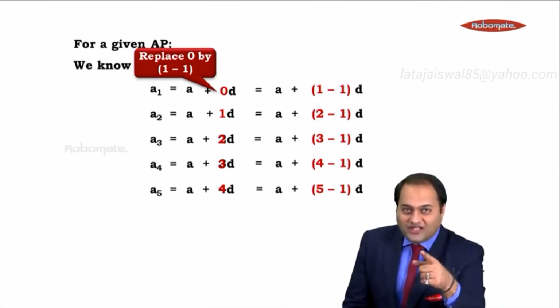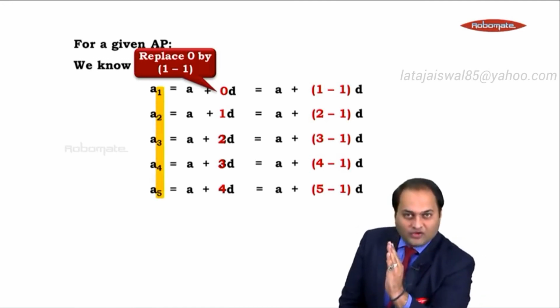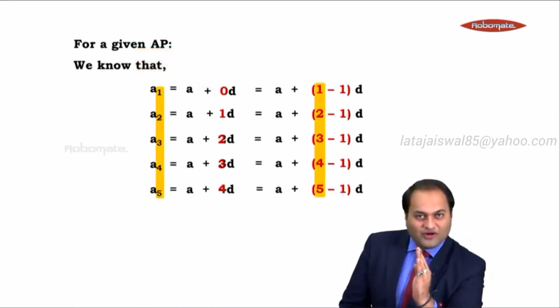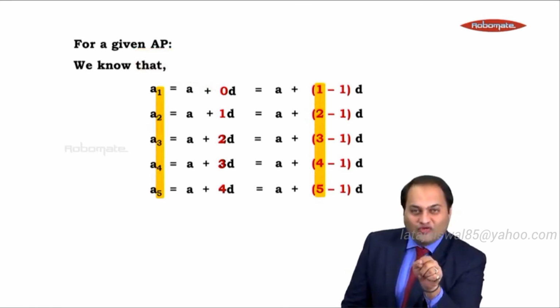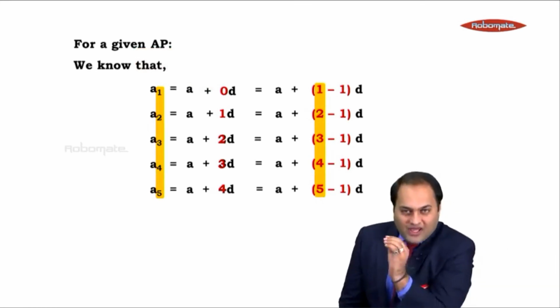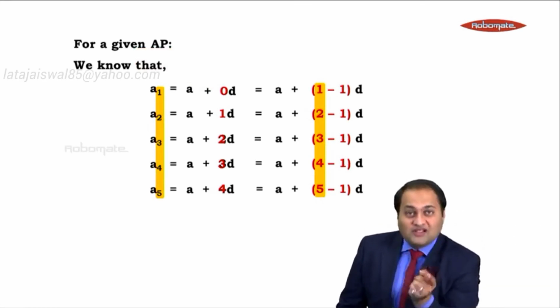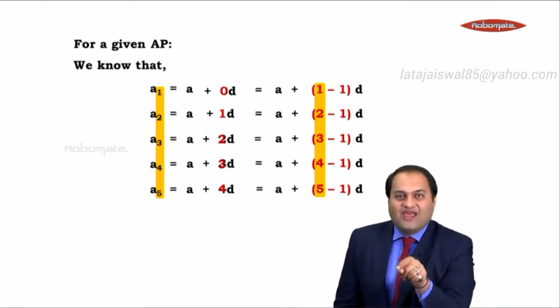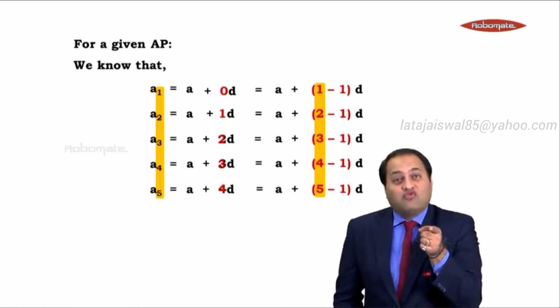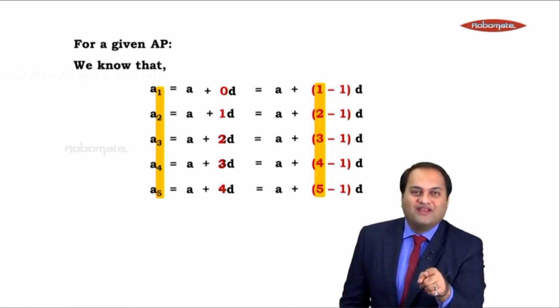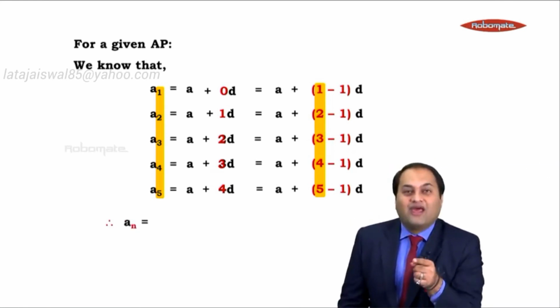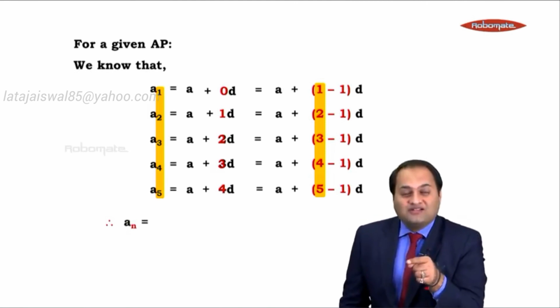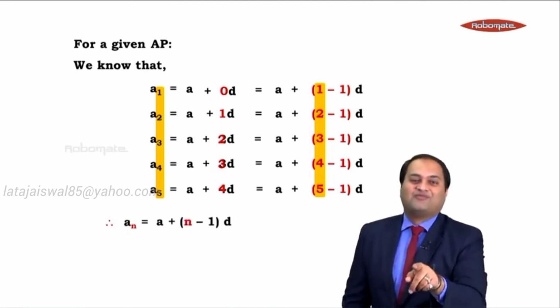But see how they are changing. Here it is 1, 2, 3, 4, 5, and even here it is 1, 2, 3, 4, 5. So what we are trying to say is, A5 is A plus 5 minus 1 into D. Similarly, A4 is A plus 4 minus 1 into D. So what will be AN? AN will be equal to A plus n minus 1 into D.